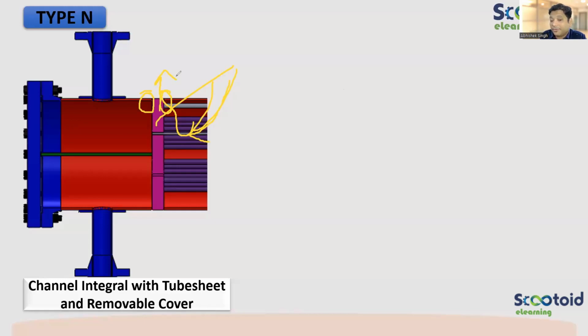If I have an application where my shell side is very critical, and the fluid, if it escapes into the environment, is very hazardous, not only because of high pressure, but because if it leaks there may be loss of human life, making sense?